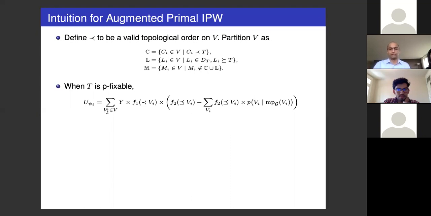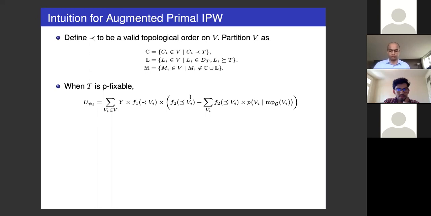So for each vertex, you end up with some functional F1 that is a function of stuff that precedes this vertex in the topological order, times other stuff, times another functional F2 that is a function of things preceding V_i and including V_i. And basically, F2 is not super interesting.